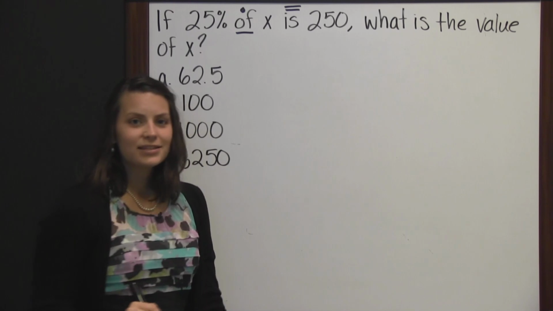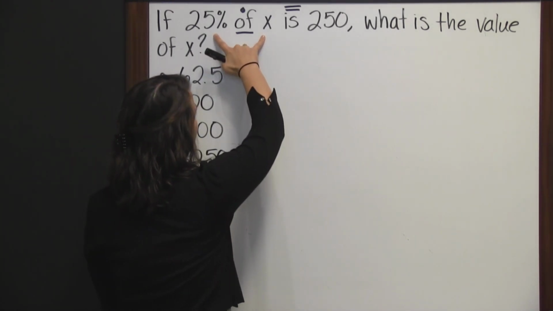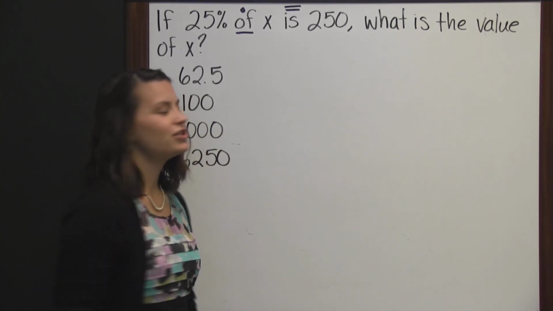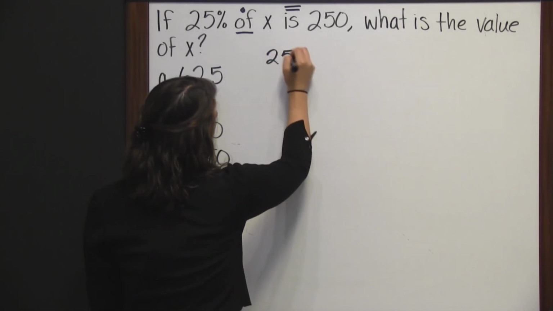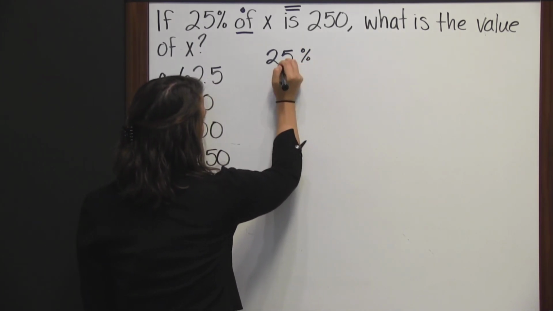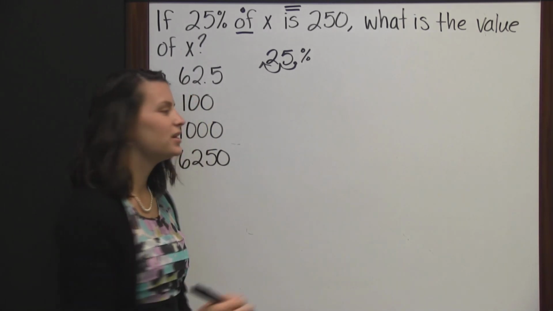And now we can take this and write our equation. So 25% times x, we have to take our percent and change it into a decimal. So 25%, the decimal's behind it, and you move it 2 places to the left to change a percent into a decimal.